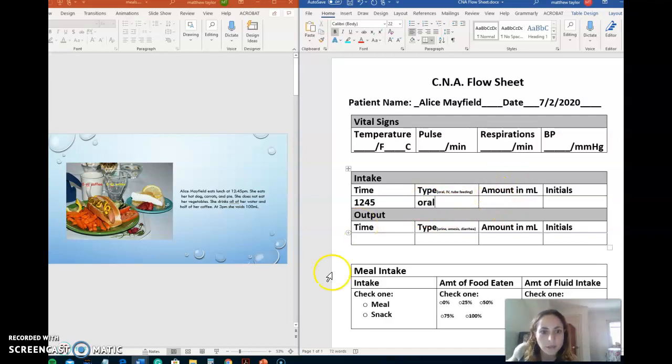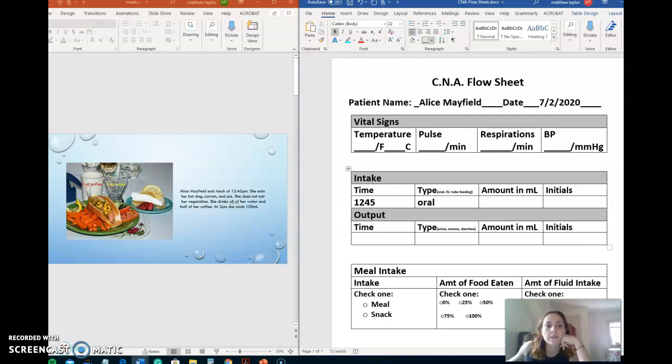The amount in milliliters. It says she drinks all of her water and half of her coffee. So that is 6 ounces of water, and then half of the coffee would be 3 ounces. So that's 9 ounces altogether. A calculation that you have to know for this class and forever in the future if you continue in this career is that 1 ounce is 30 milliliters.